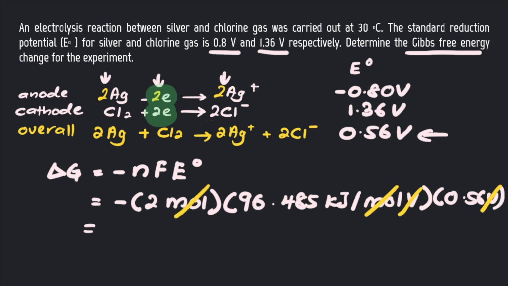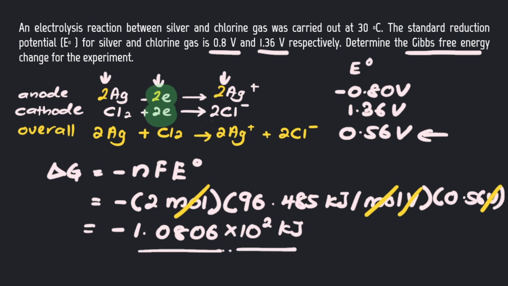So you will end up having your final answer equivalent to negative 1.0806 times 10 to the power of 2 kilojoule. This is the Gibbs free energy change for this experiment and the answer for the first question.